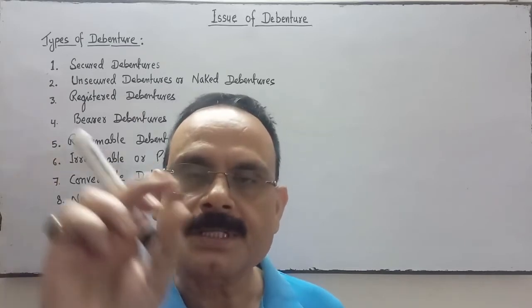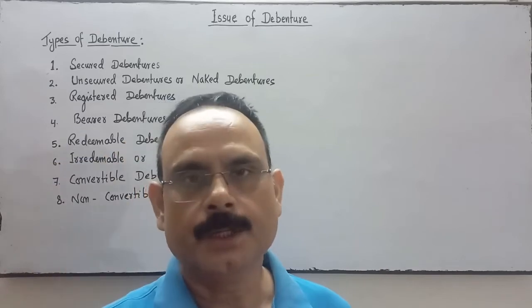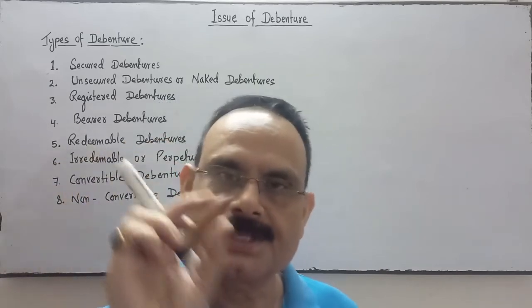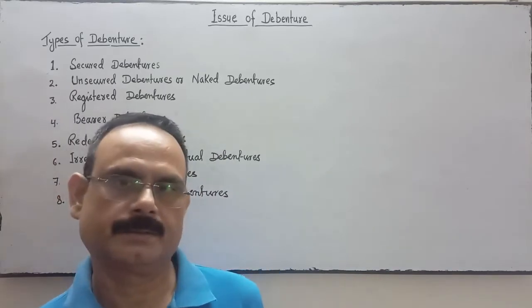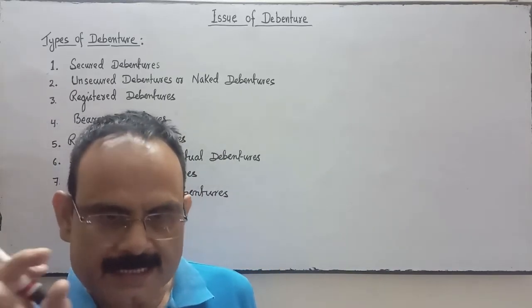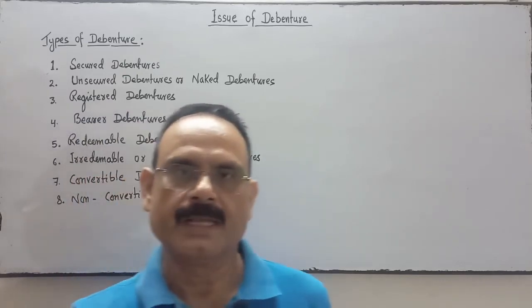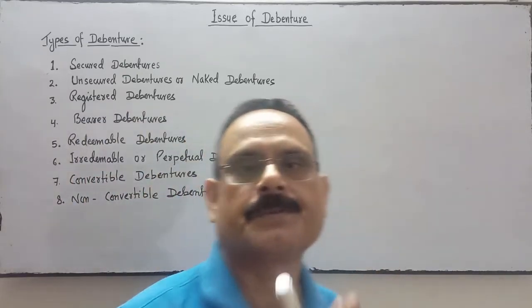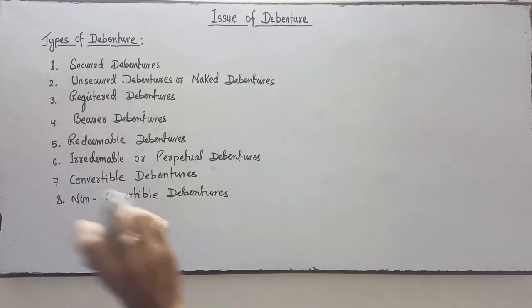Interest and the principal amount will only be paid to the person whose name is registered in the debenture register. It means these debentures are not easily transferable. They can only be transferred to another party by the execution of a proper transfer deed.